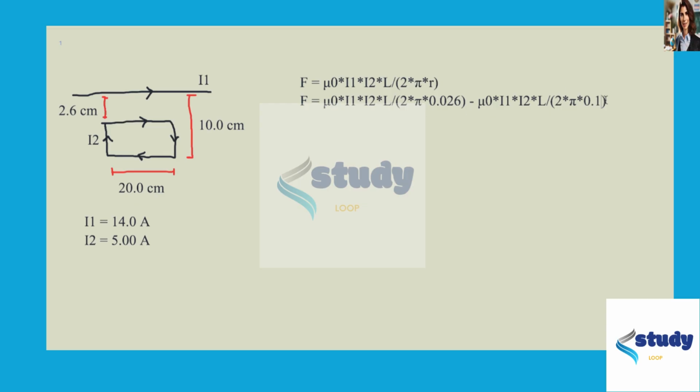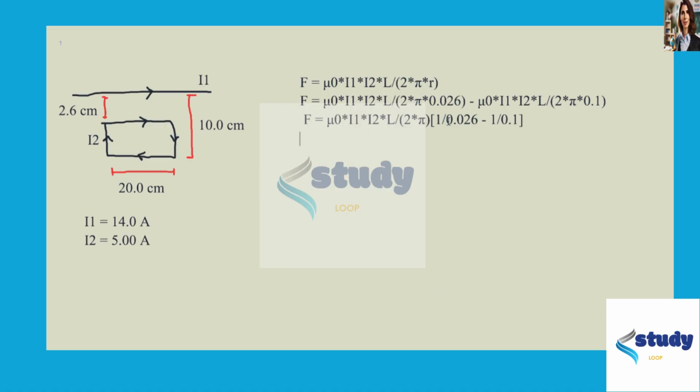We can simplify this a bit before plugging in everything, because we have a factor of mu naught I1 I2 times L divided by 2 pi in both terms. Then we just have 1 over 0.026 minus 1 over 0.1. So this is what we're going to plug in here.